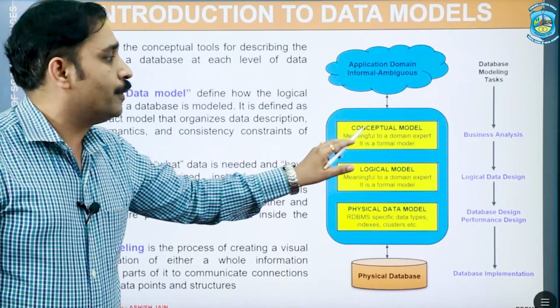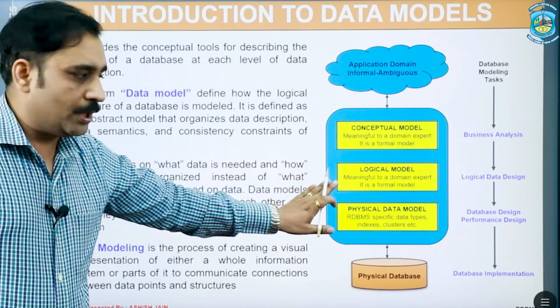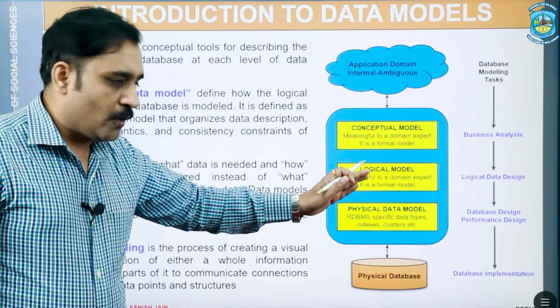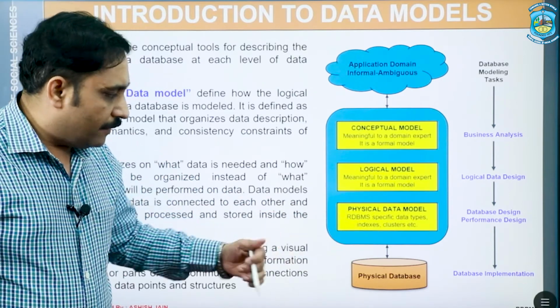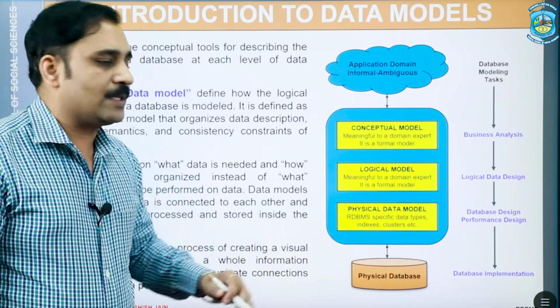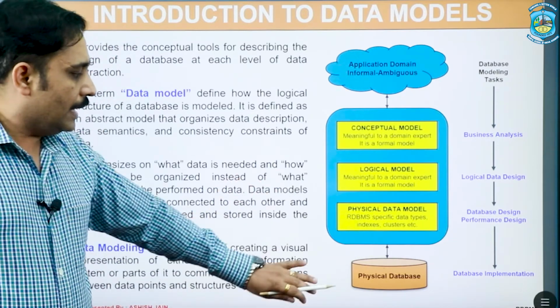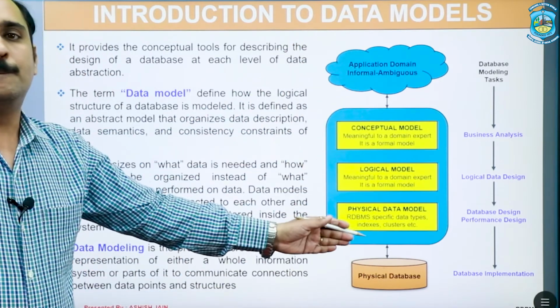It is meaningful to a domain expert and it is a formal model. Then we have the logical model. It is meaningful to a domain expert. It is also a formal model. And finally, we have the physical data model in which RDBMS specific data types are used. We can use indexes, clusters, etc. And finally, we store the data in the physical database. This is the whole process of modeling the data.